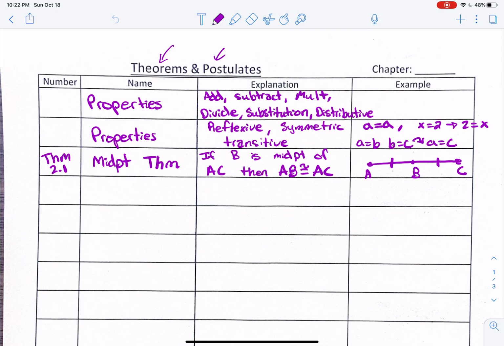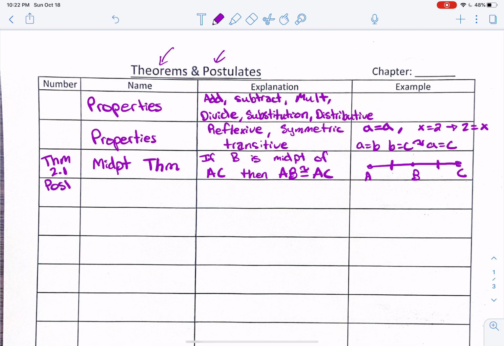So we are going to come over here and write that down. Postulate 2.9 is the segment addition postulate.